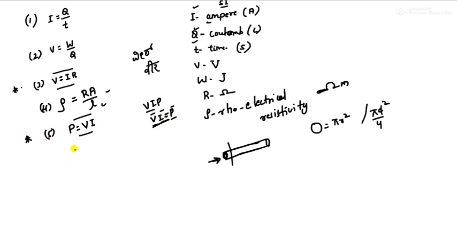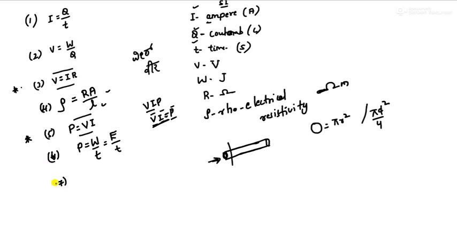Then we have one more formula related to power. It can be written as work done by time, or here we can take it as electrical energy per time. Both of them are correct. This is also one of the important ones.